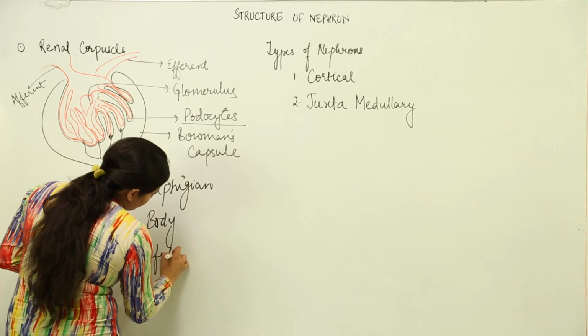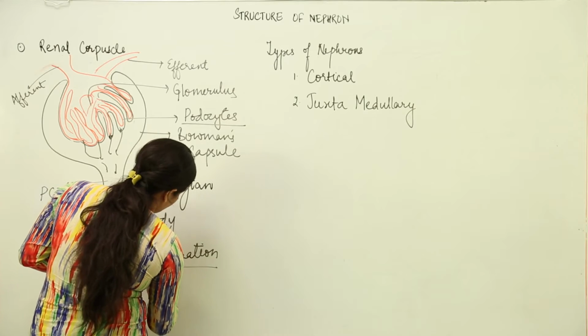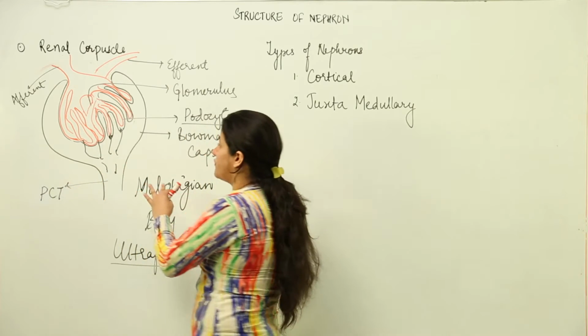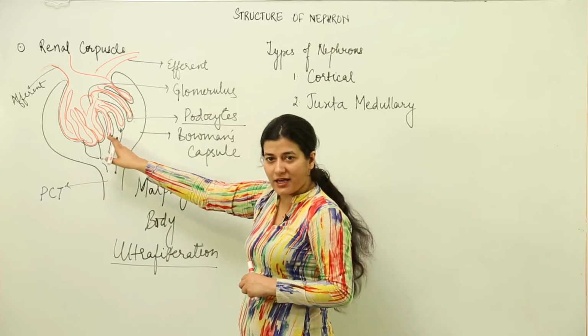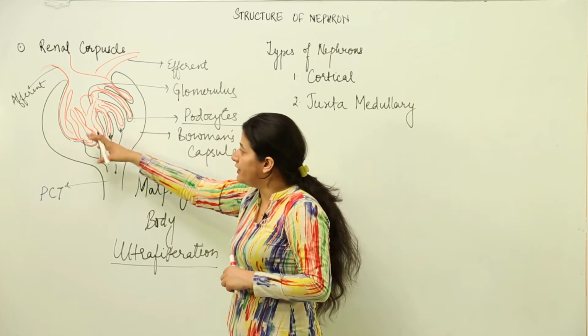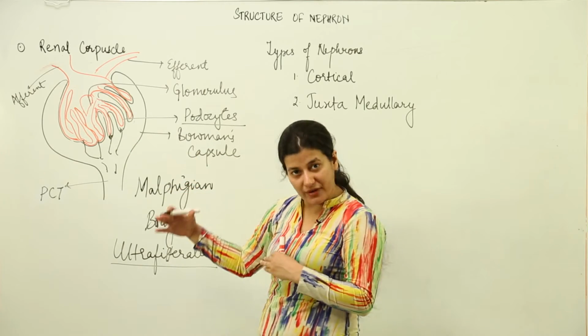Why is it important? Because the ultrafiltration takes place inside this part of kidney where maximum of the blood is able to throw its content due to these slit-like apertures known as podocytes into the Bowman's capsule, because the capillary network that is present also has a thin epithelium. There is a basement membrane in between.